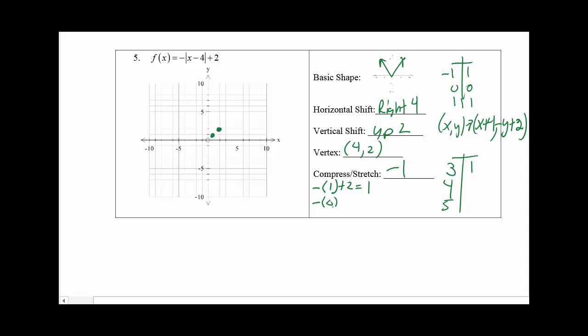Then I want -0 plus 2, which is 2. We already figured that it was at (4, 2). And then I want -1 plus 2 again, which puts me back at 1. So on that side should be that ordered pair there. And I just have to sketch a reasonable approximation of what the parent graph should actually look like.